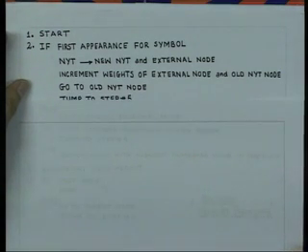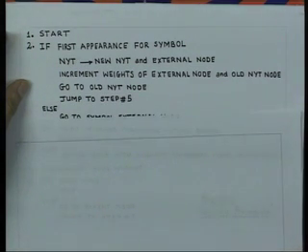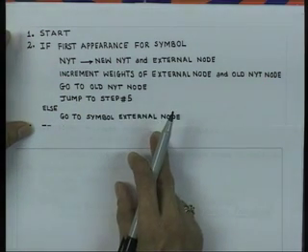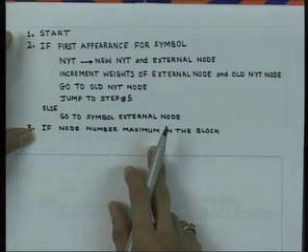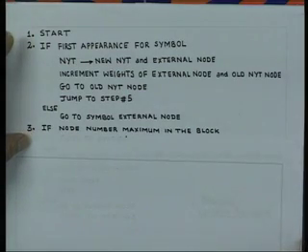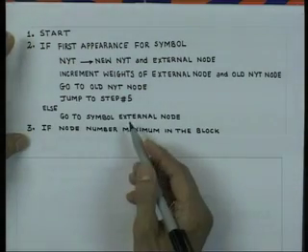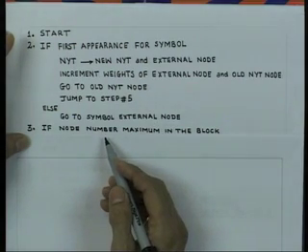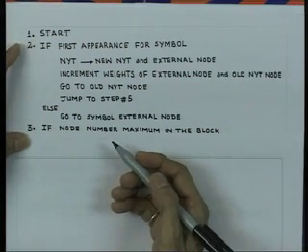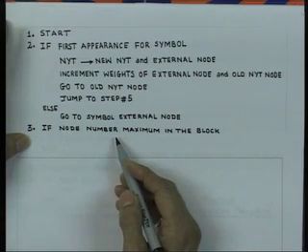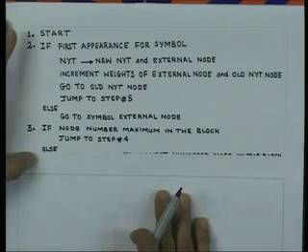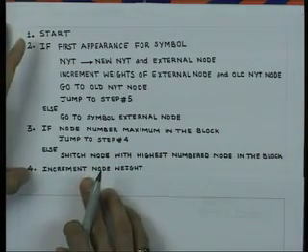If the appearance of the symbol is not for the first time, then go to the symbol's external node. After you reach the external node, check the node number of that external node. If the node number is maximum in the block, then jump to step 4.